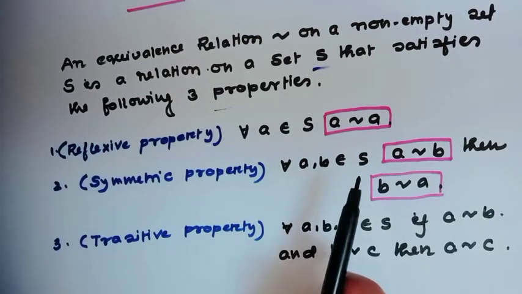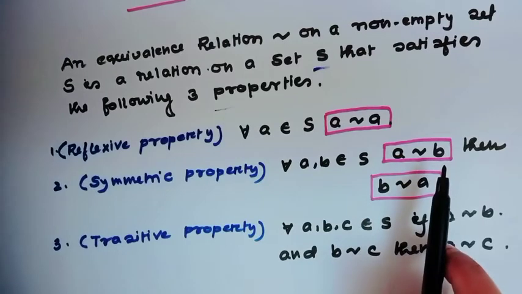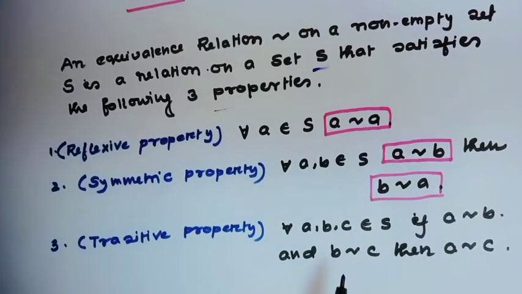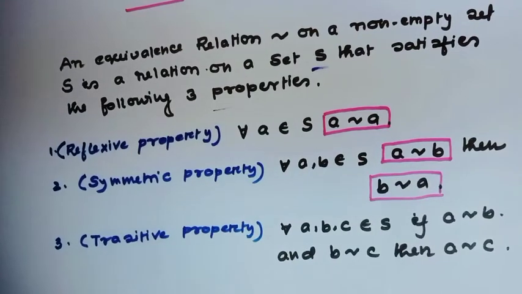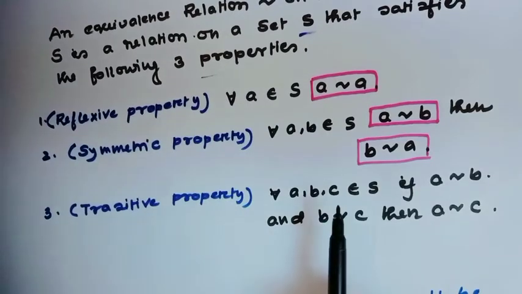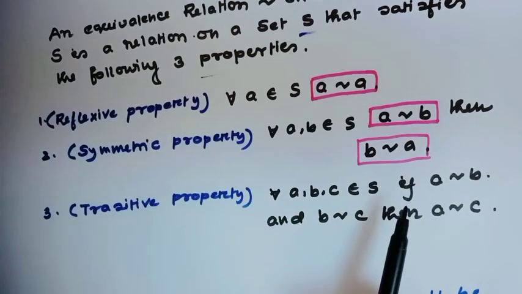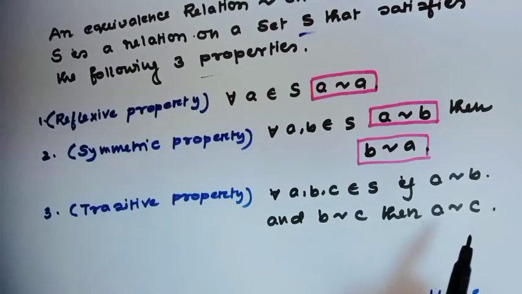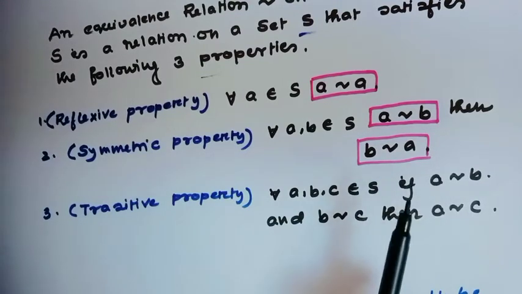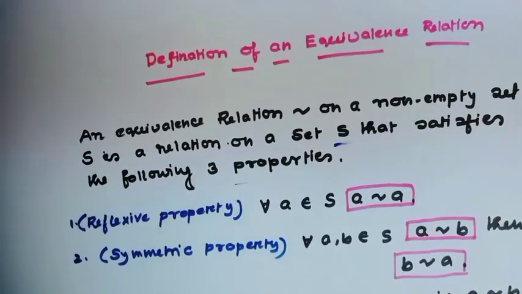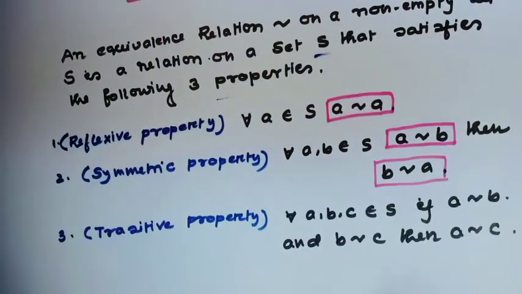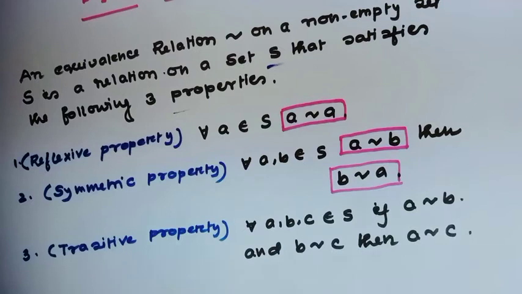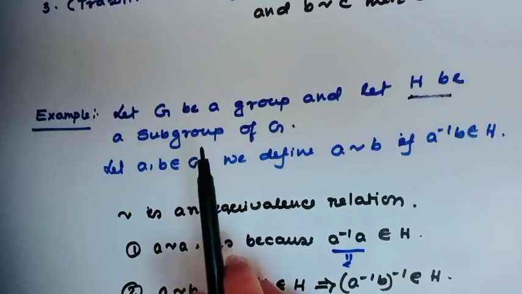For all a, b in S, if a is related to b, then b must be related to a. And third is the transitive property. What is the transitive property? For all a, b, c in S, if a is related to b and b is related to c, then a must be related to c. And if any relation satisfies these three properties, reflexive, symmetric and transitive, then the relation will be an equivalence relation.